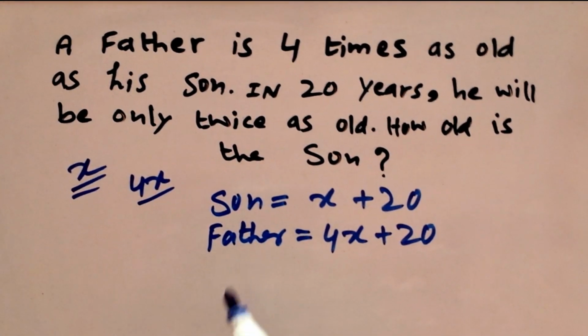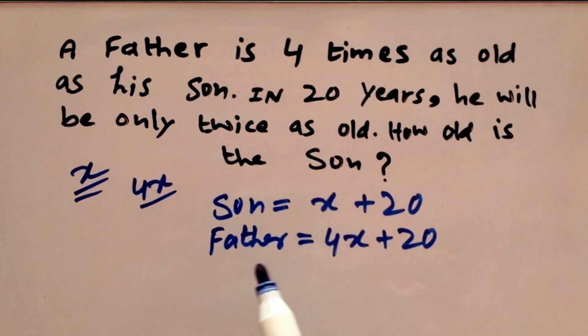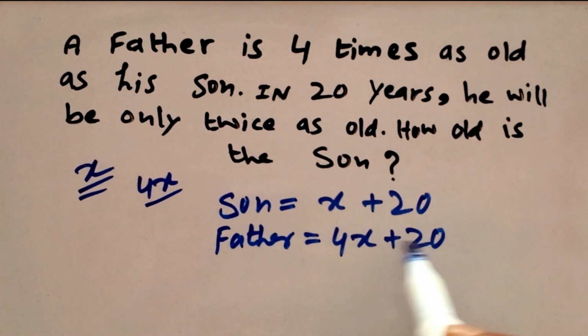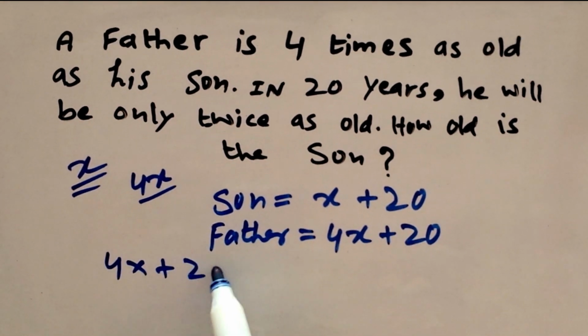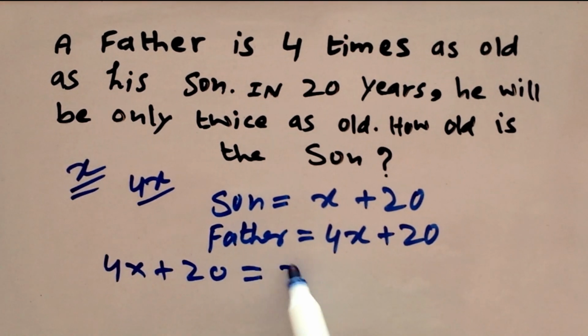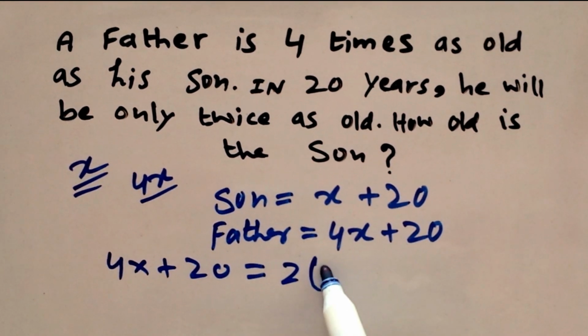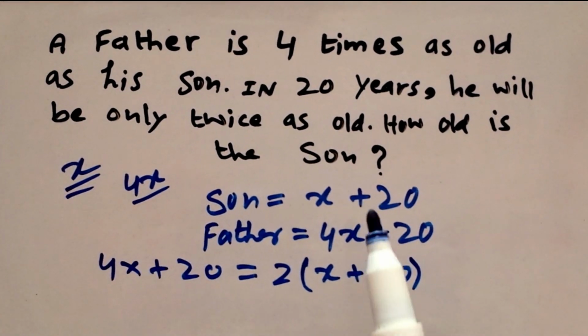Now the father will be twice the son's age, right? So 4x plus 20 equals 2 times x plus 20, right?